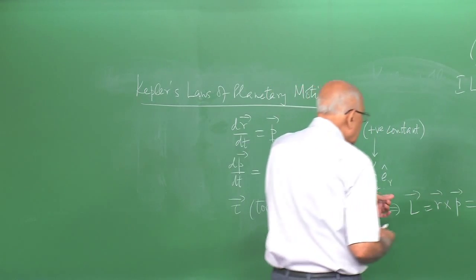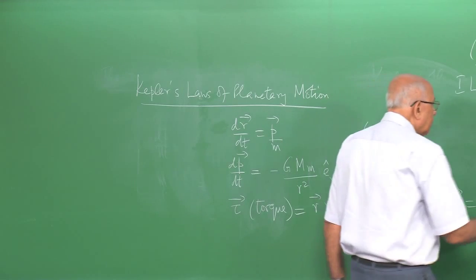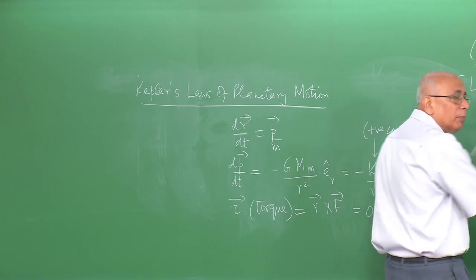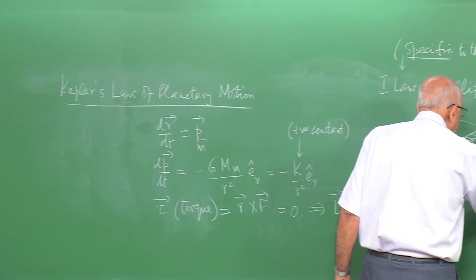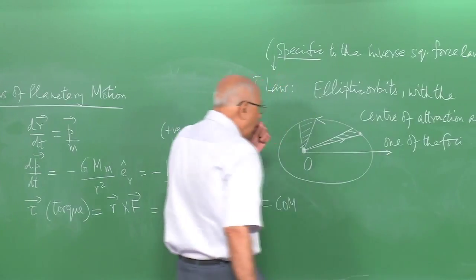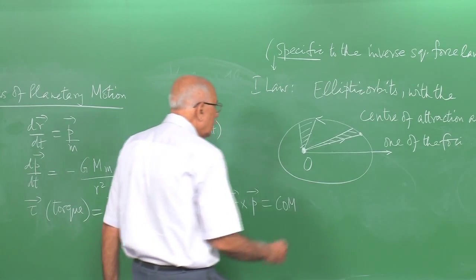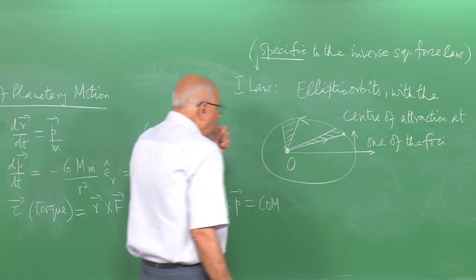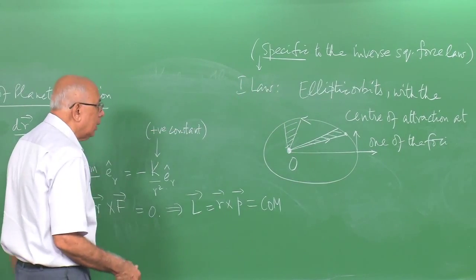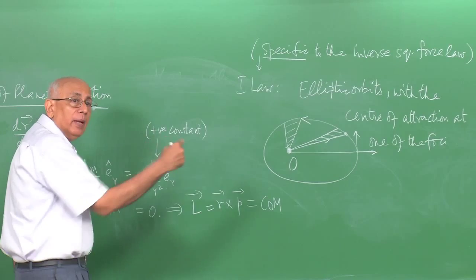And what does it mean to say its direction is constant? If the particle is moving in an ellipse in the plane of the blackboard, and instantaneously this is the radius vector in this direction and the momentum at this instant of time is this way, then r cross p goes into the plane of the blackboard.